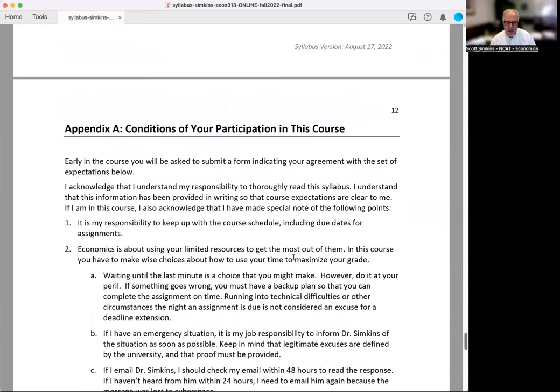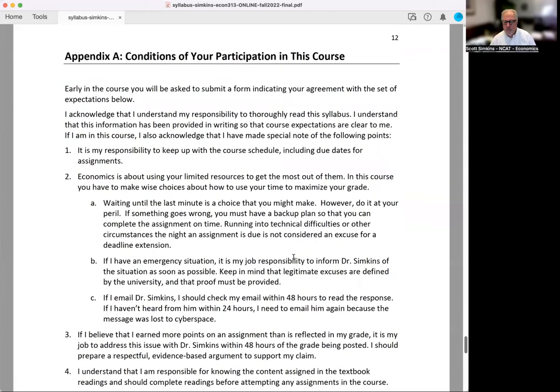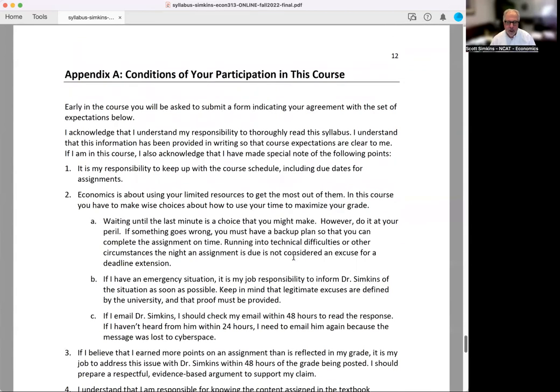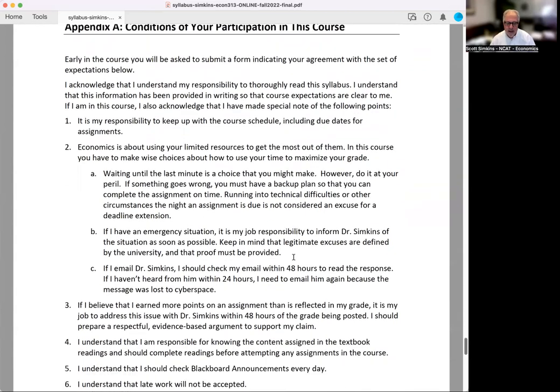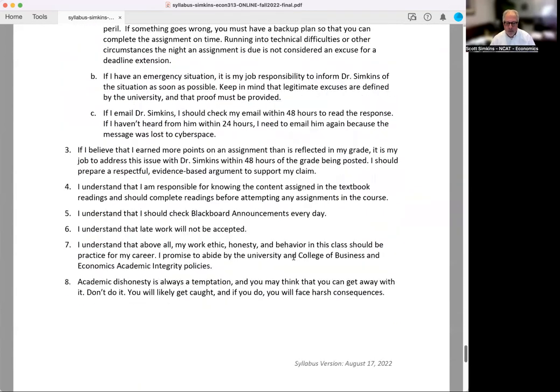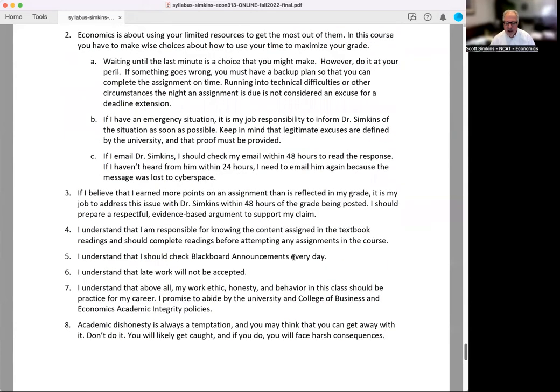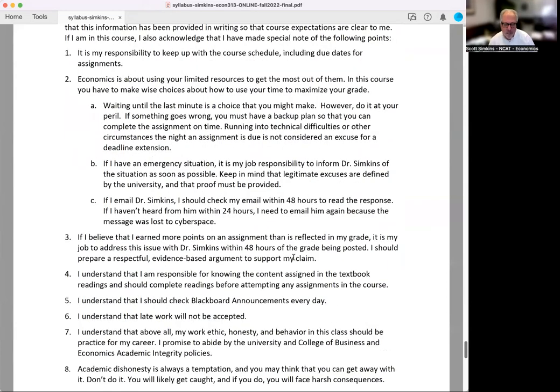So you will be getting a version of this conditions for participation in the course that I will ask you to sign and upload. It will also provide some practice in scanning and uploading to Blackboard as well.